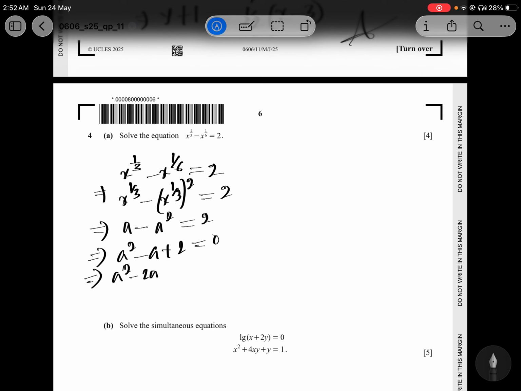So a square minus 2a plus a plus 2 is equal to 0 here. So if I take a common, a minus 2, here is a catch. Okay, a square positive plus 2 positive, a should be negative there. Minus 2a plus a, which is not correct first of all, because we need to get a negative here.